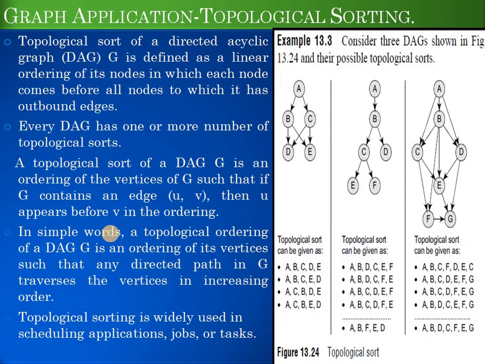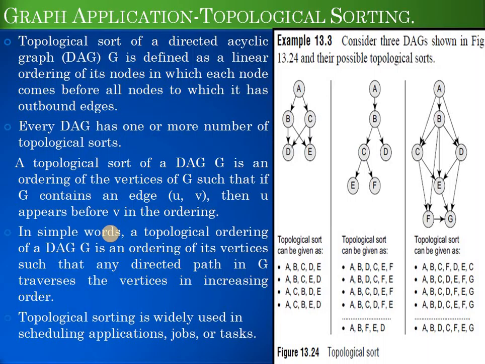A topological sort of a DAG of graph G is an ordering of the vertices of G such that if G contains an edge UV, meaning an edge from vertex U to vertex V, then U appears before V. This is the order: if there is an edge U to V, then U is first and V is next.